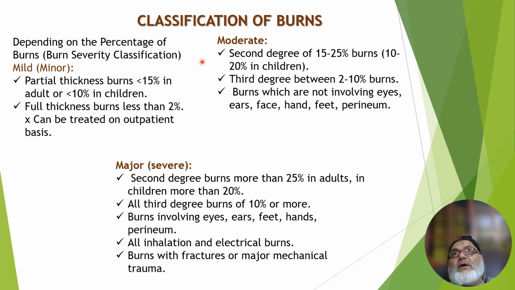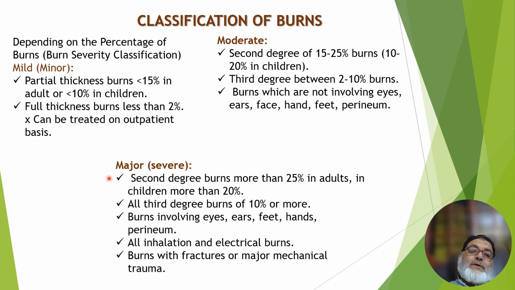But in case of moderate burns, second degree burn is 15 to 25% in adults and 10 to 20% in children, and third degree burn is between 2 to 10%, and the burn is not involving the eyes, face, ear, hand, feet, and perineum. That is moderate.